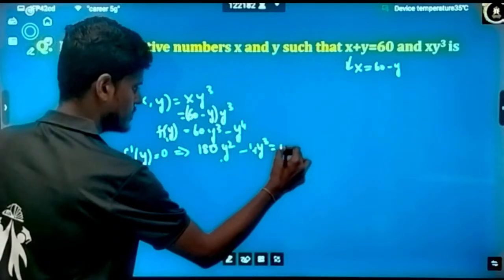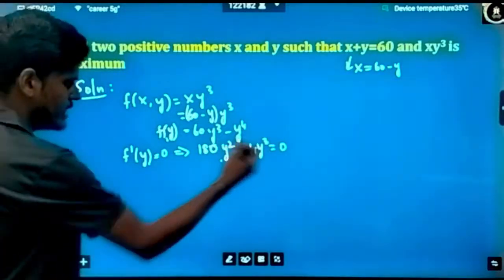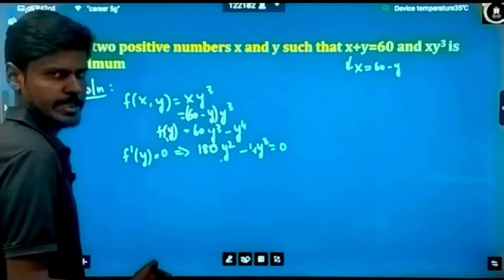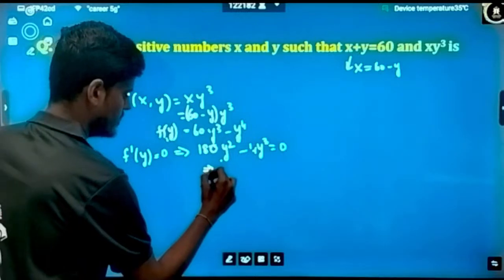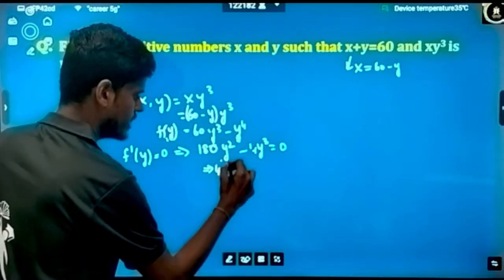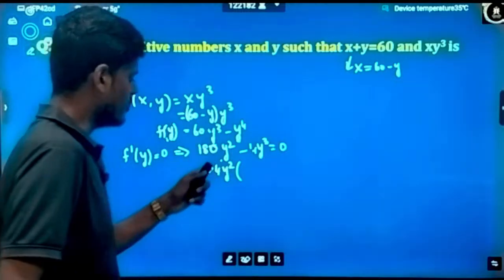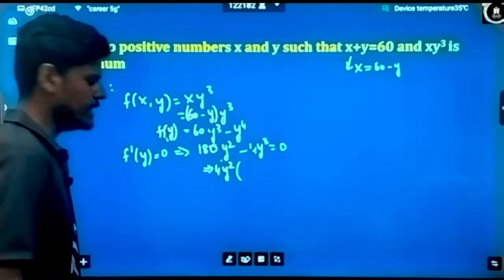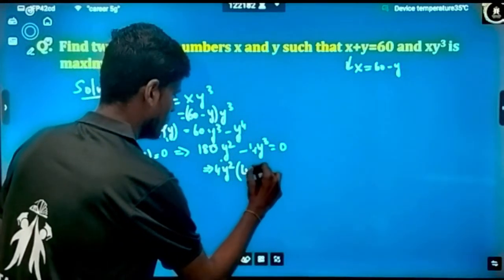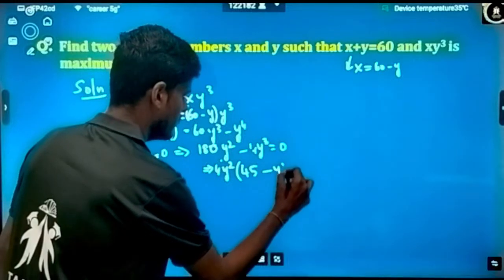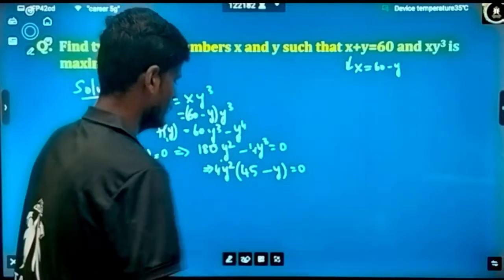This is equal to 0. Now what is common? 4y square is common, which means 4 times y square into remaining, we have what? 4 into 45 is 180, so we will get 45 minus y equal to 0.